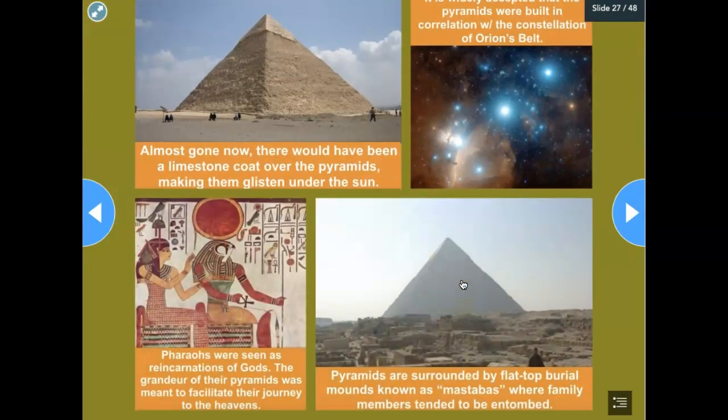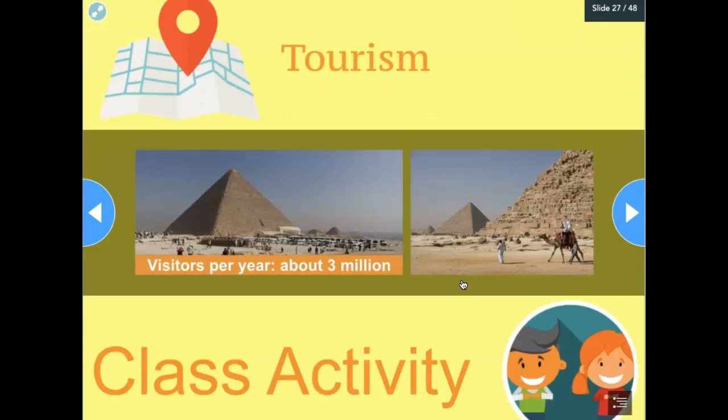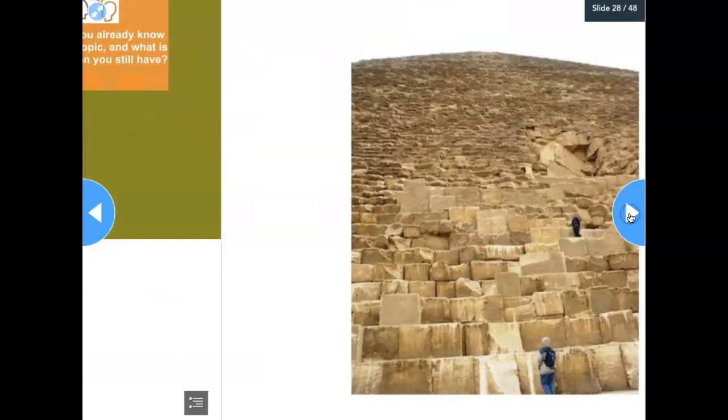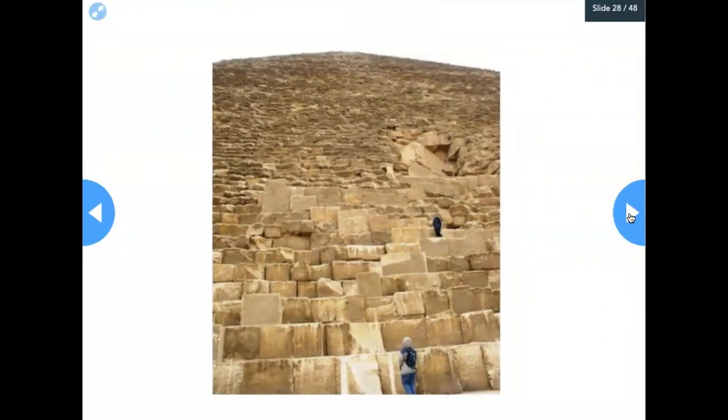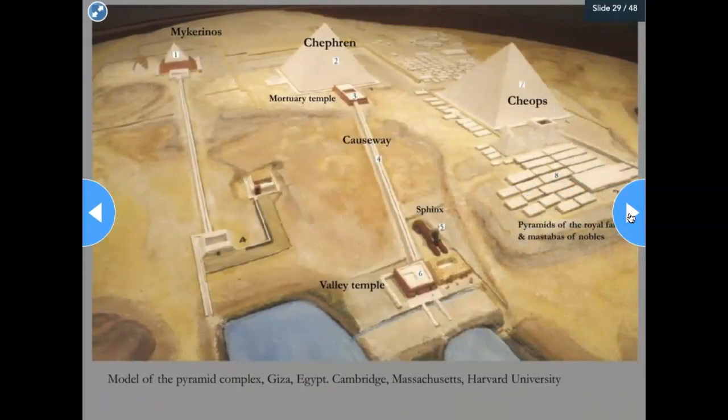They're on the true cardinal points: north, south, east, west. There's a lot of mysteries still about the pyramids that we don't really know how they were built. So I urge you to explore. It's a wonderful, interesting topic, and certainly we could spend a lot more time talking about the pyramids.